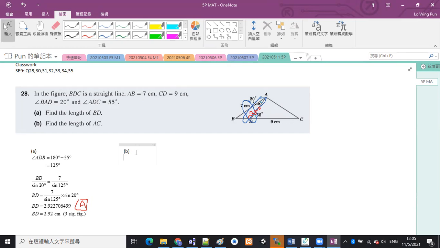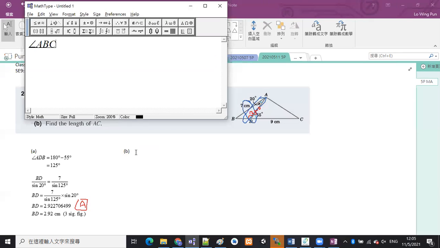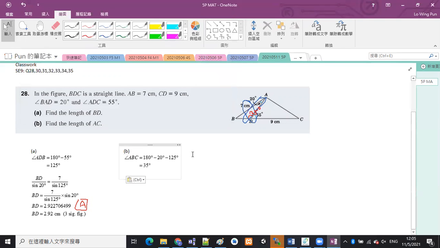Okay, so let us find angle A point C first. Angle A point C is equal to 180 degrees minus 20 degrees minus 125 degrees. And that should be, is it 35? 35 degrees.